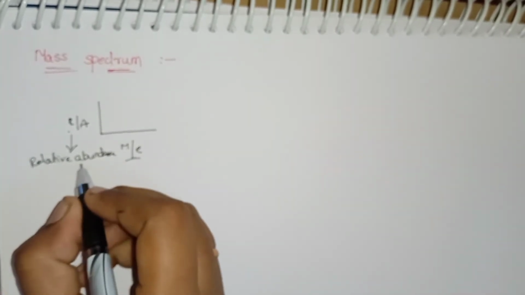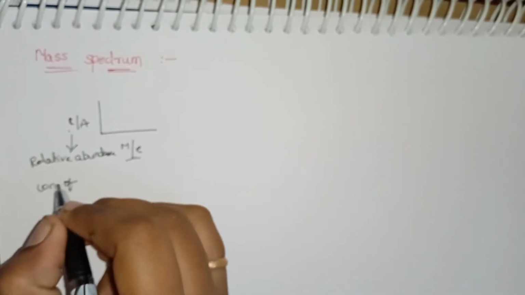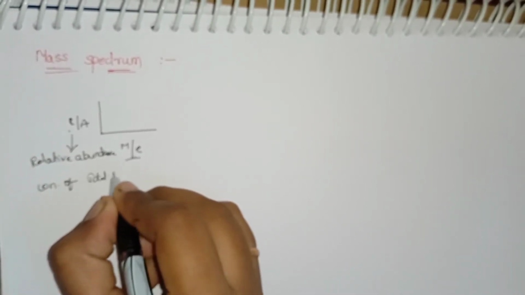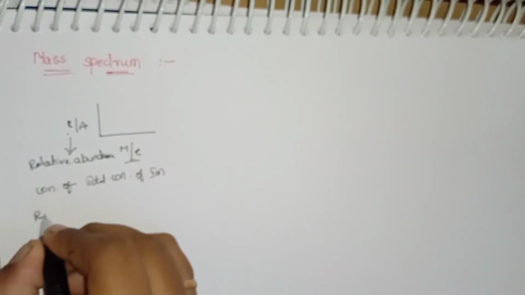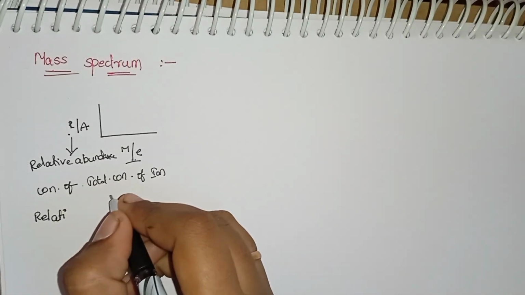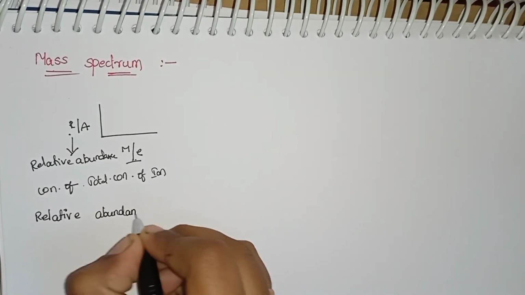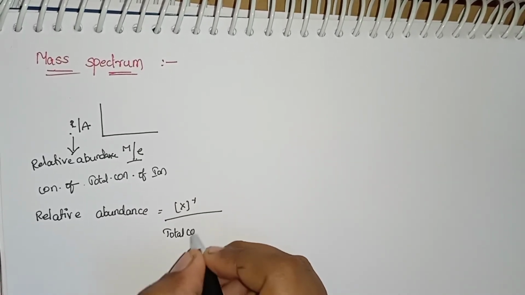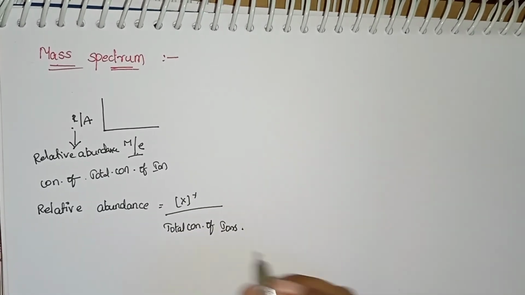So what is relative abundance? It is the ratio of the concentration of any individual ion to the total concentration of ions.